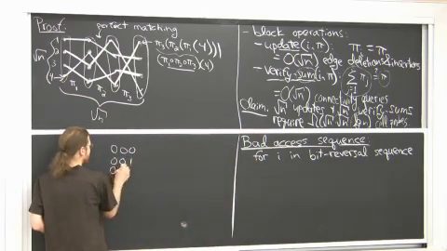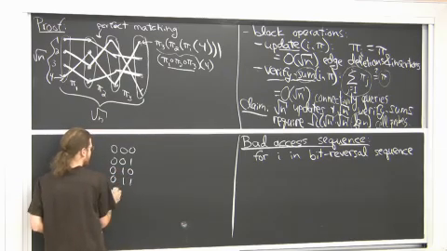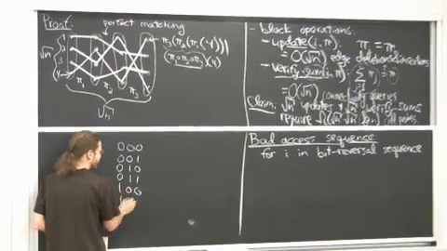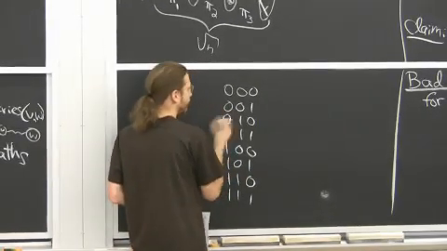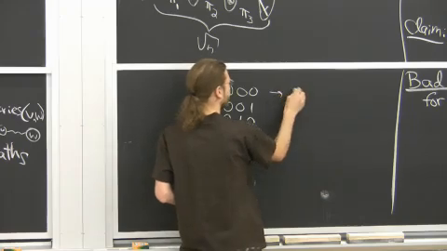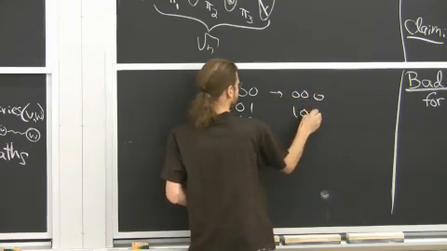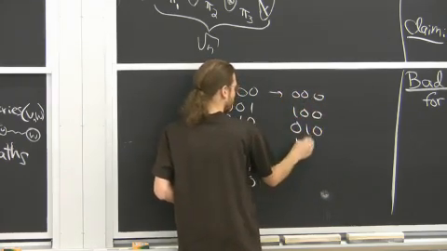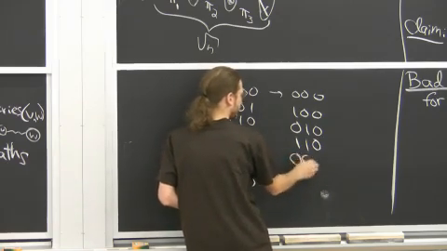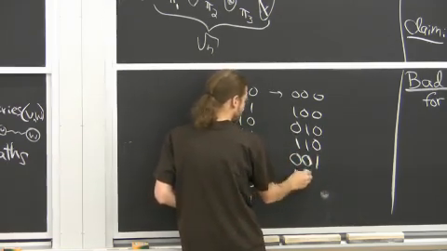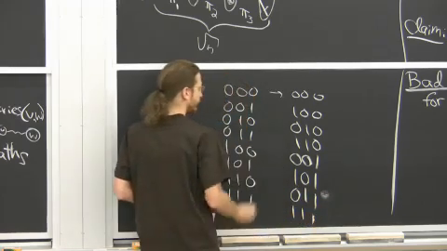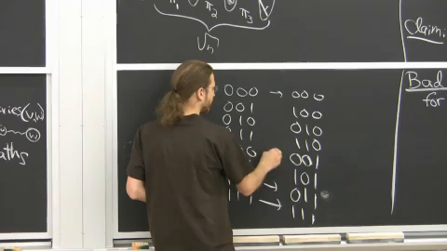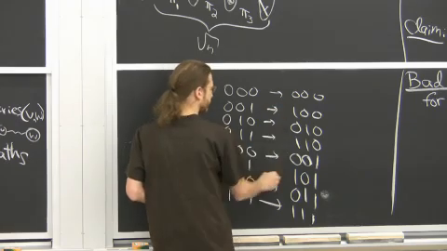You take binary numbers in order, reverse the bits. So this becomes 000, 100, 010, 110, 001, 101, 011, and 111. So those are the reversed strings.